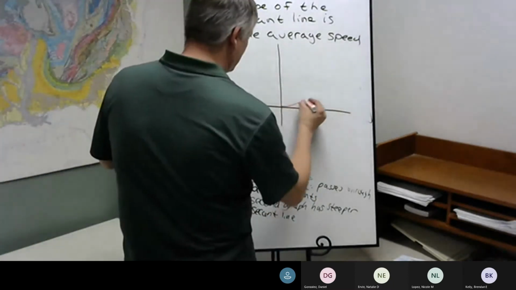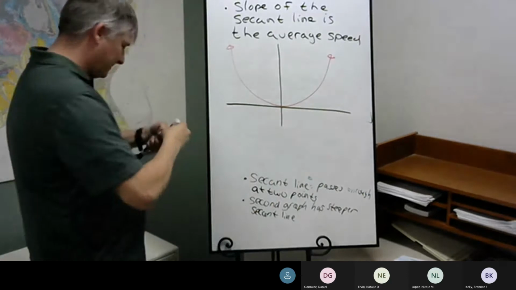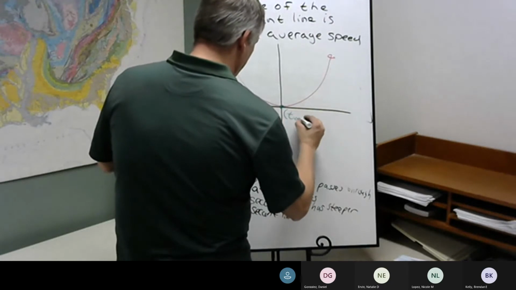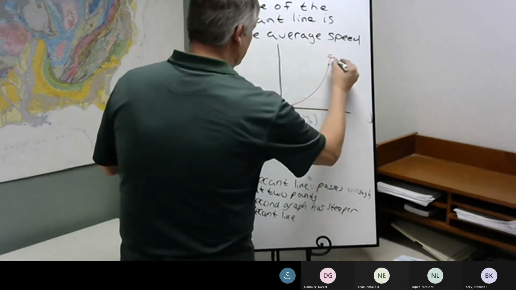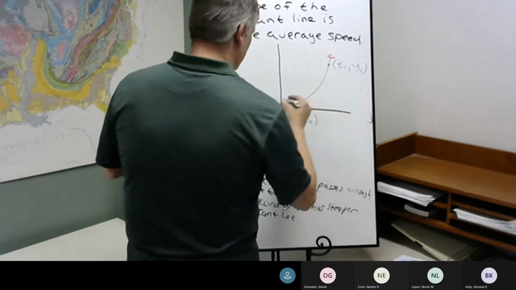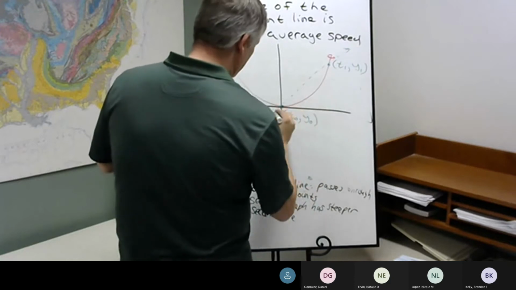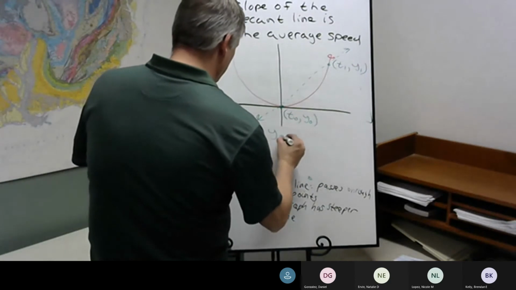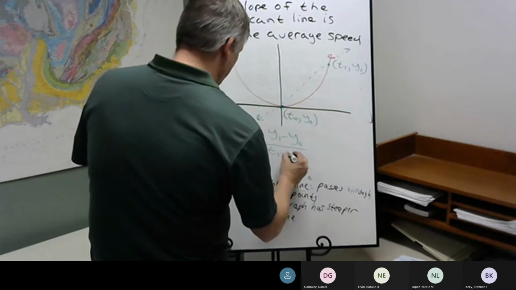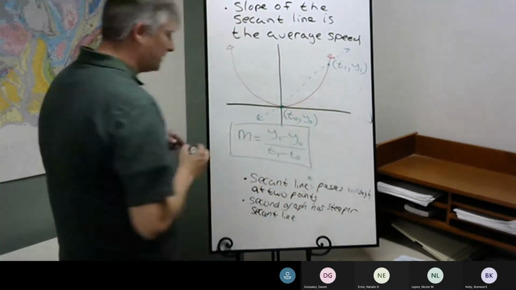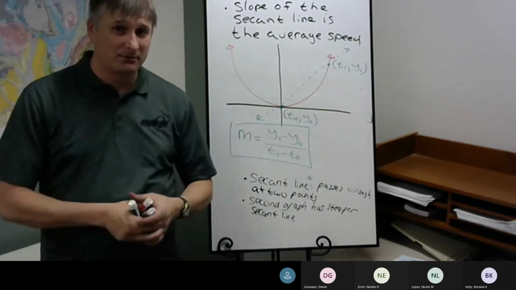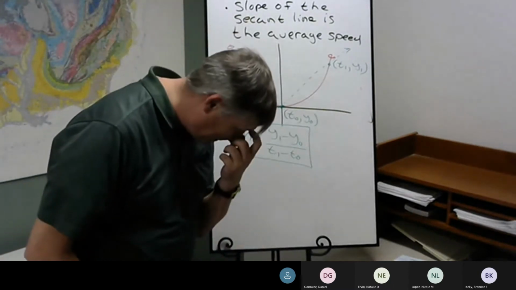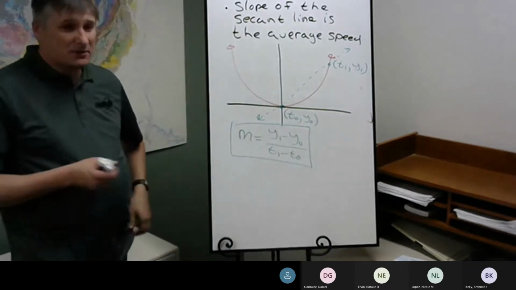This rate of change. The slope of the secant line, it's the same formula that we use to calculate the slope of any line. Okay. So questions about that?